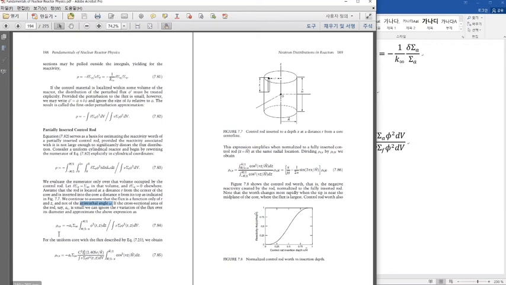So the integration, the interesting thing is that we should deal with phi squared.